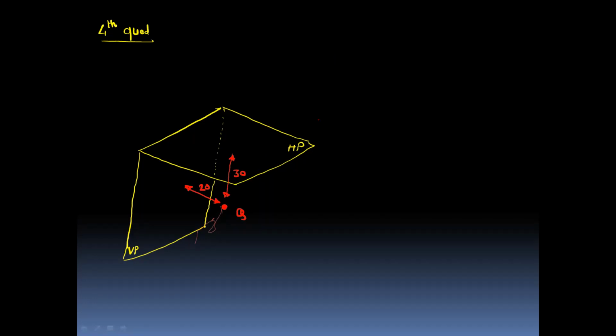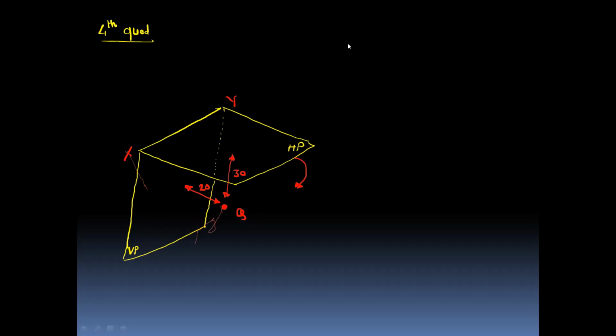To draw this three-dimensional view on a two-dimensional paper, we have to rotate the horizontal plane. So always rotate horizontal plane in the clockwise direction. When you rotate it, after rotation, this HP will overlap the vertical plane. Therefore, vertical plane and horizontal plane in a two-dimensional view will lie exactly below the XY line.